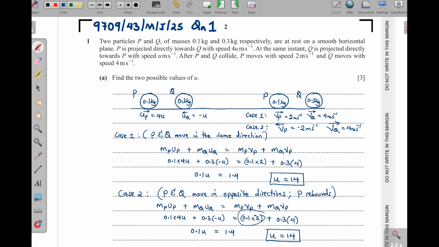The other one will remain. So this means 1.2 minus 0.2, we shall get 1.0. So 1.0 divided by 0.1 gives us 10. So the other value of U is 10.